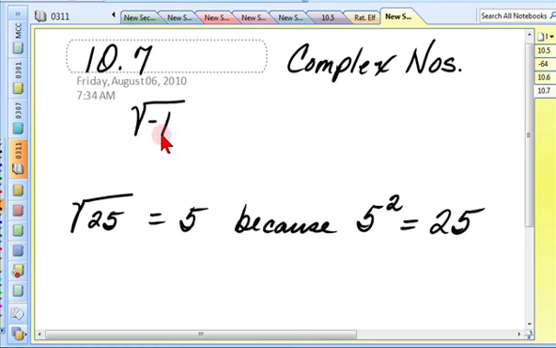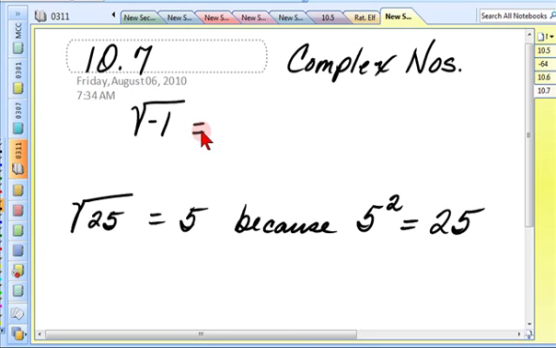And so when I want to know what the square root of -1 is, or any negative number, we think about answering, and we say, well, is it 1? No, because 1 squared is 1. Is it -1? No, because -1 squared is 1 also. Can you square a number and get a negative? Well, the answer is no.